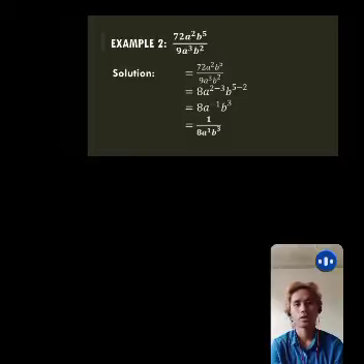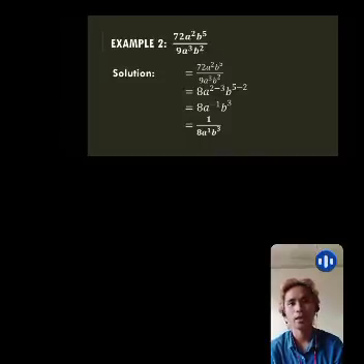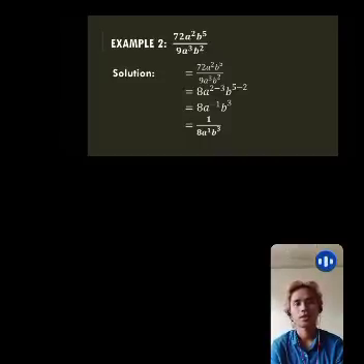First we need to divide 72 by 9. The answer is 8. Then follow the operation, which is subtracting the exponents.